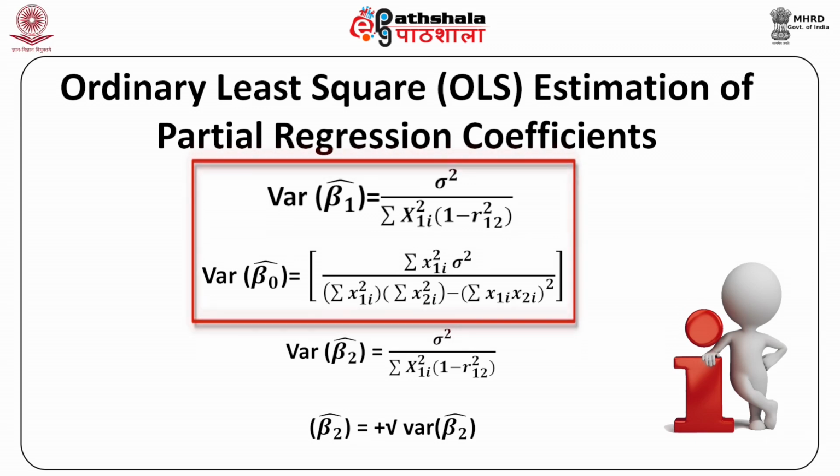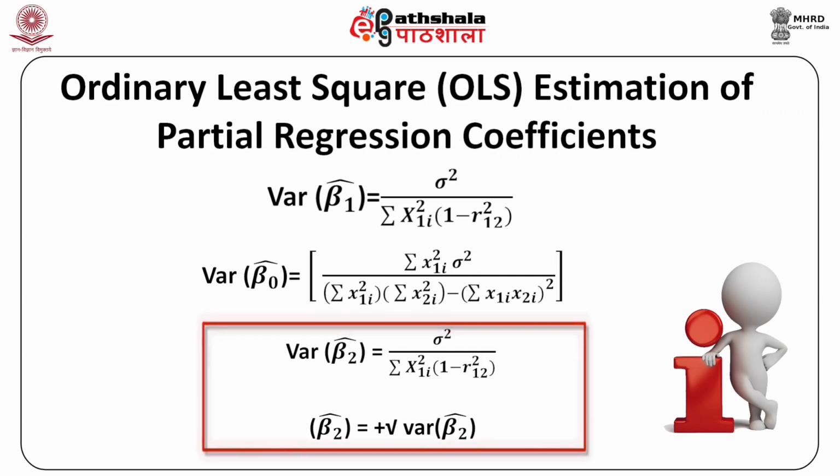Variance of beta hat 2 is equal to summation x squared 1i sigma squared divided by summation x squared 1i into summation x squared 2i minus summation x1i x2i the whole squared. Variance of beta hat 2 is equal to sigma squared divided by summation x squared 2i into 1 minus r squared 12.